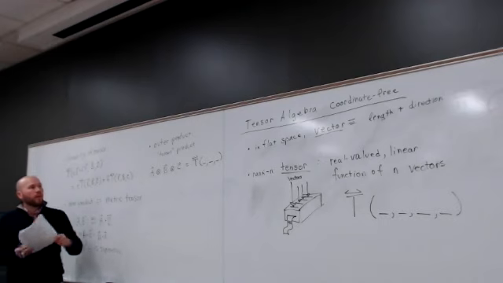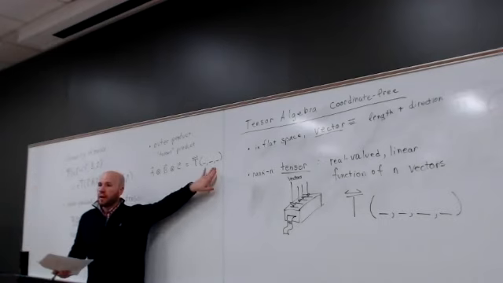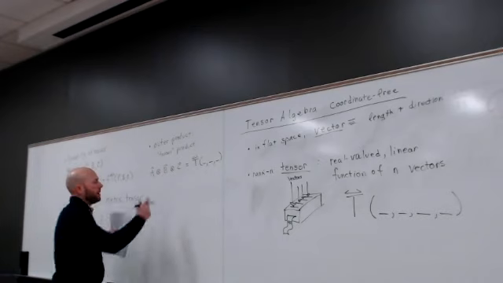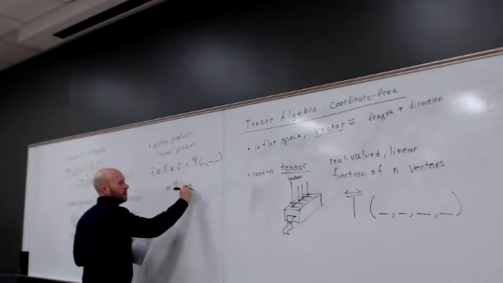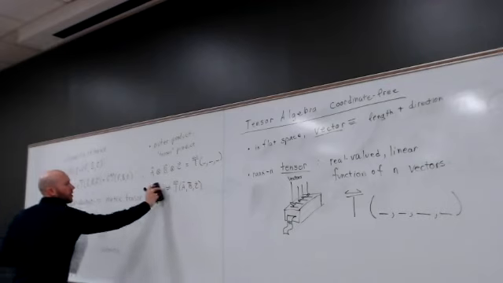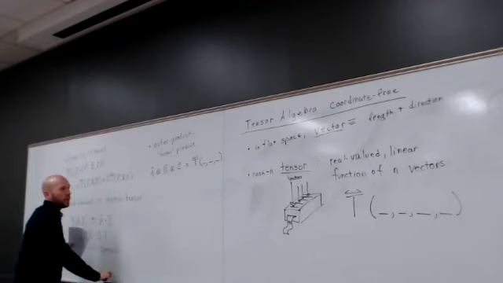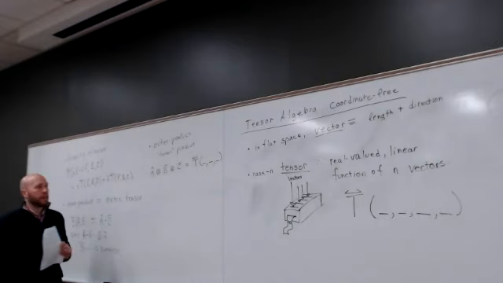Notice that this gives us a tensor with open slots, right? I've increased the rank, not decreased the rank. This is not a scalar, right? This is not equal to the tensor of A, B, and C, right? That's not the same thing. That's not what we've done here, okay? We've constructed a higher rank geometric object, taken 3 vectors and made a rank 3 tensor.